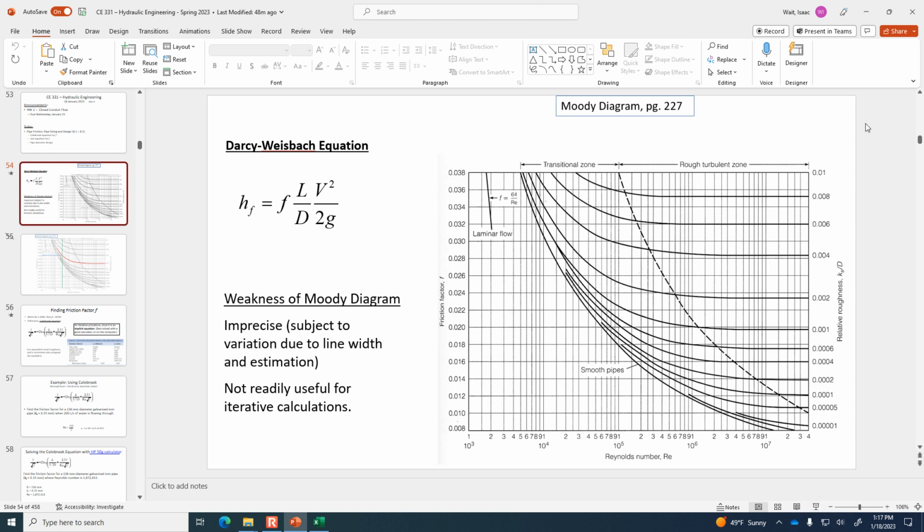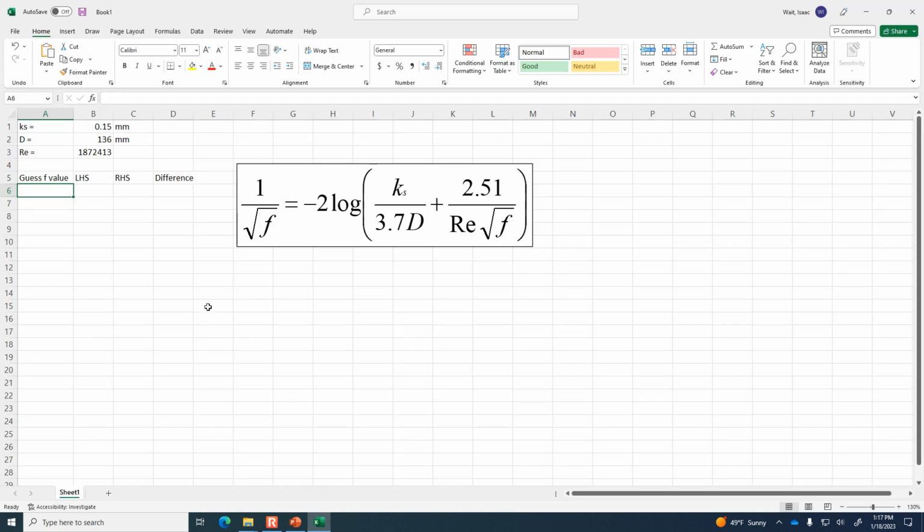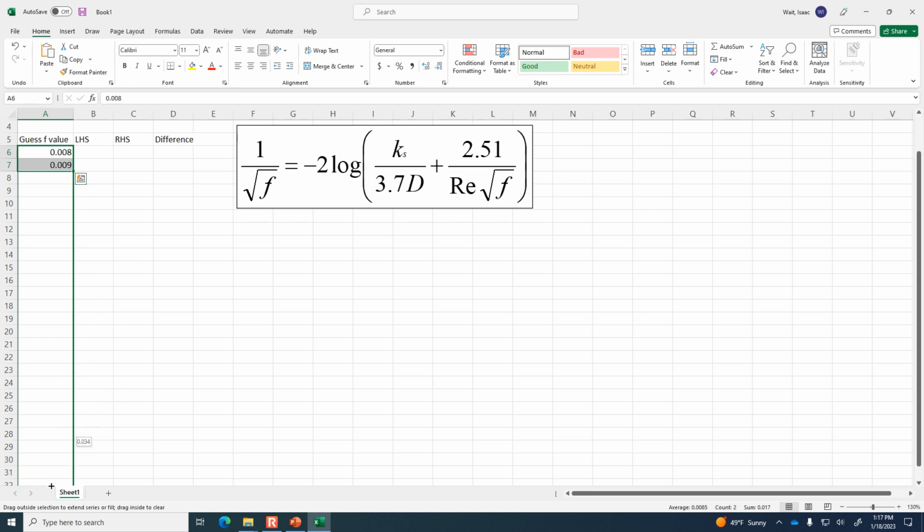For closed conduit flow, the typical range of friction factor would be starting at 0.008 and going through 0.038. So that's what I'm going to do here, 0.008, 0.009, and then I'm just going to have it continue onward until we get to 0.038.